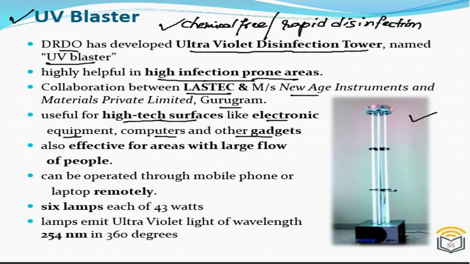It can be easily installed in large areas with a large flow of people, such as airports, shopping malls, metros or train stations, hotels, factories, offices, etc. And the tower can be operated remotely through a mobile phone or a laptop.